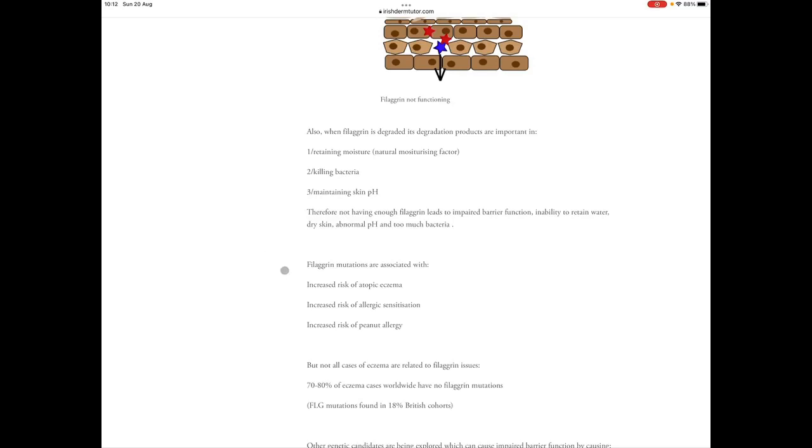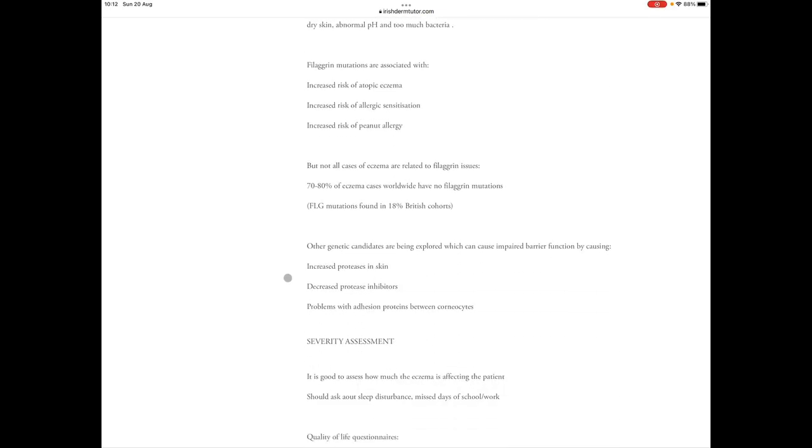Therefore, if you do not have enough filaggrin, you get impaired barrier function, inability to retain water, dry skin, abnormal pH, and too much bacteria. So it is an important protein. It has been found that filaggrin mutations are associated with increased risk of atopic eczema, increased risk of allergic sensitization, and increased risk of peanut allergy.